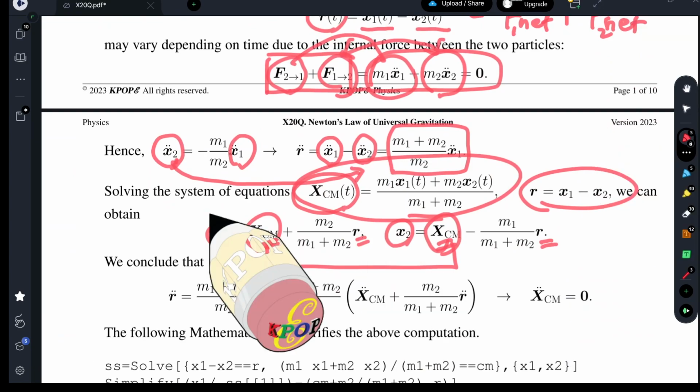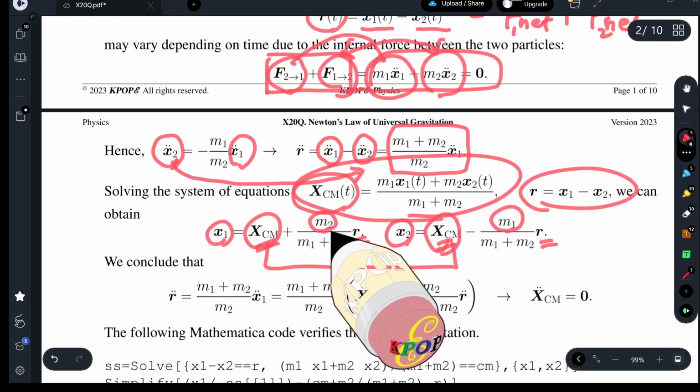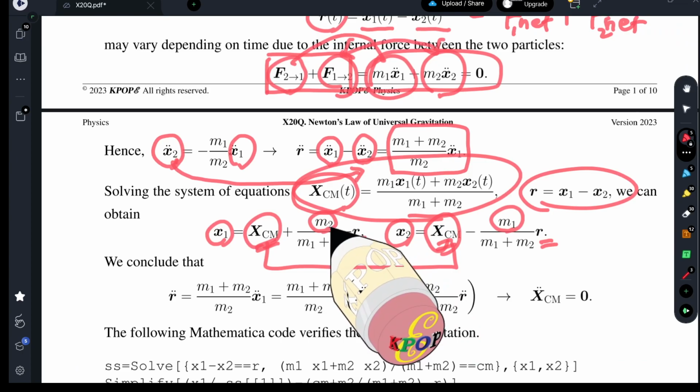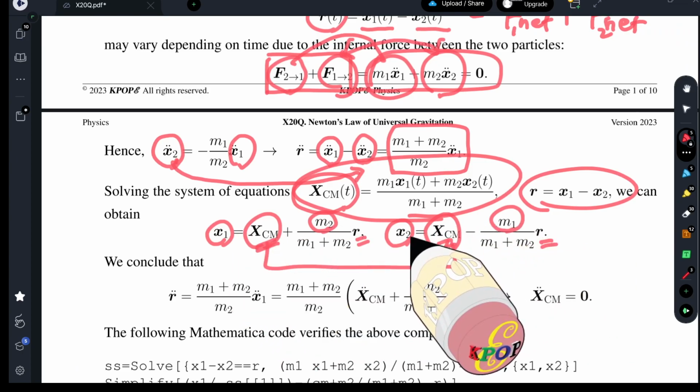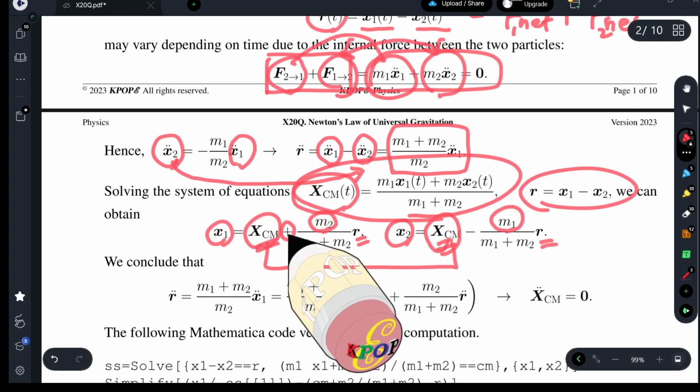In addition, we have a factor in the numerator multiplied to the relative coordinate vector r. This is the mass of the other particle. In addition, they are opposite.